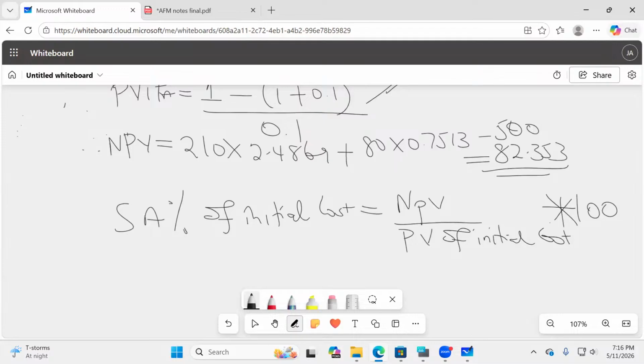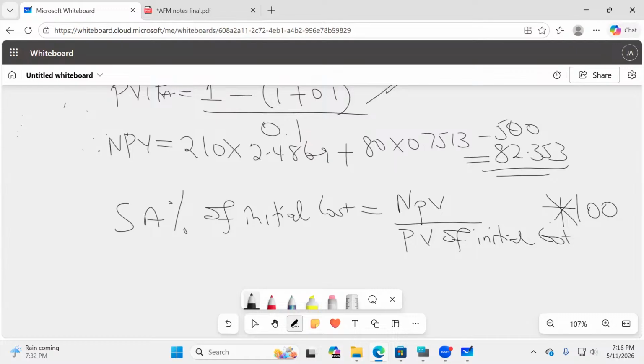So I would want you guys to tell me, what is the initial cost in this question? 500. What is the present value of that initial cost? It is still 500. Because the initial cost is in the cash flow at time zero. That is never discounted.